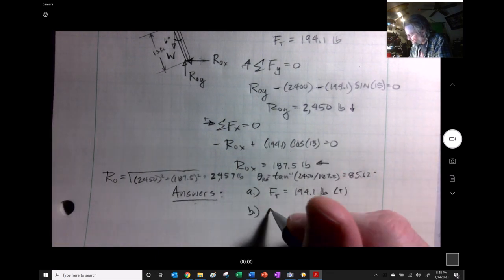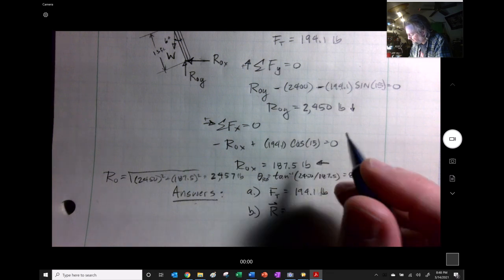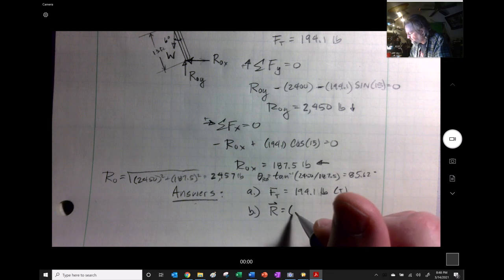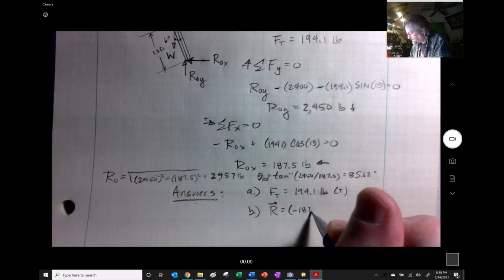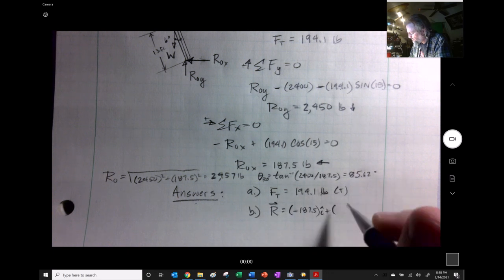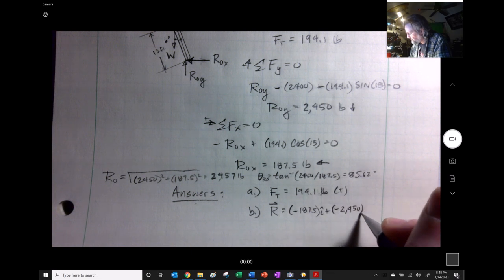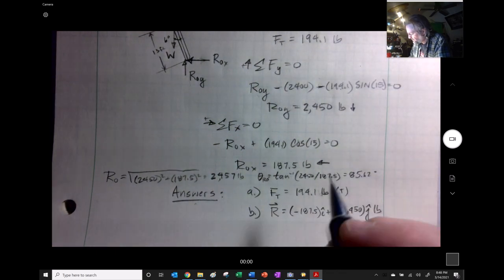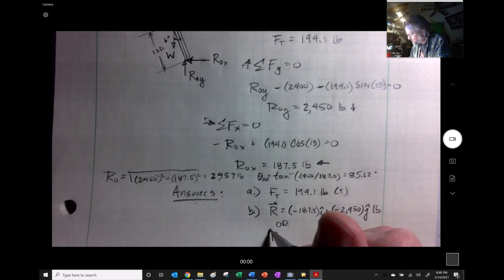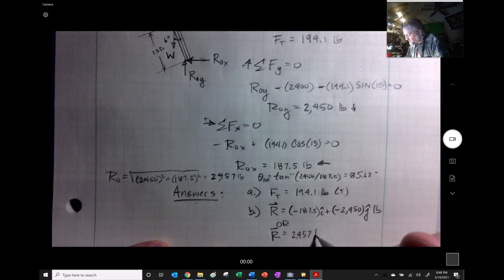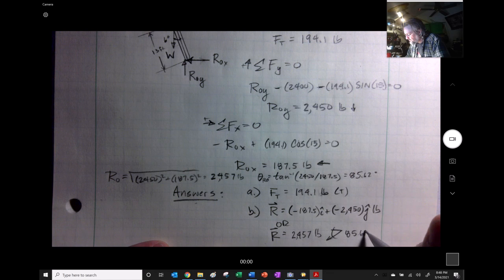And B, I'm going to write that R is going to be equal to negative 187.5 I plus negative 2,450 pounds J LB, or R is equal to 2,457 pounds at 85.62 degrees.